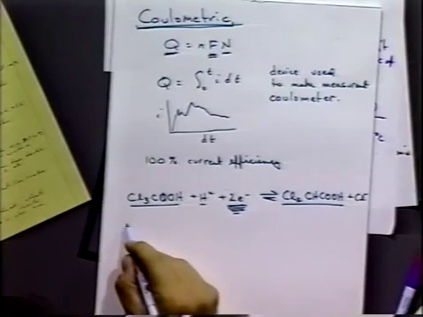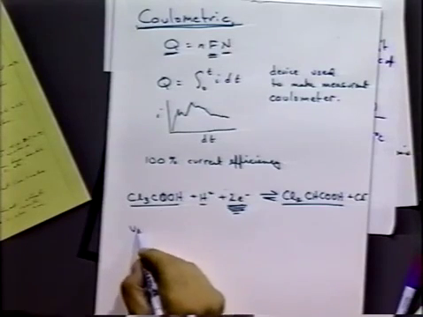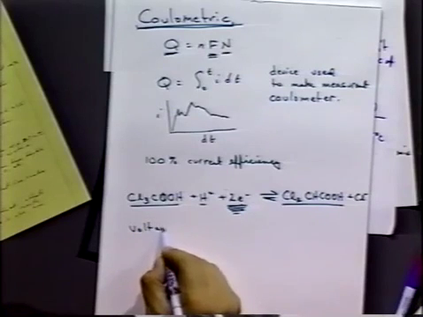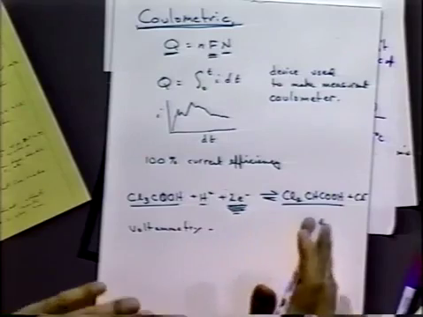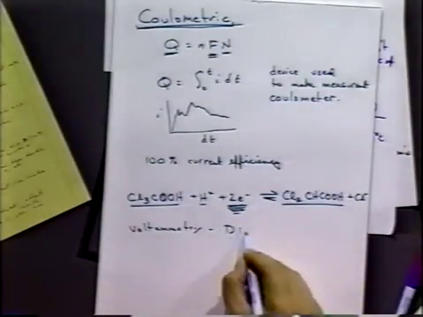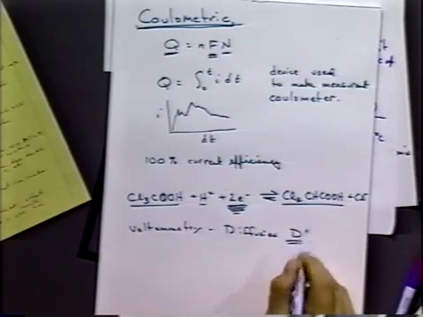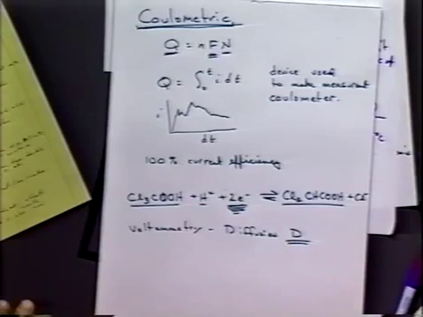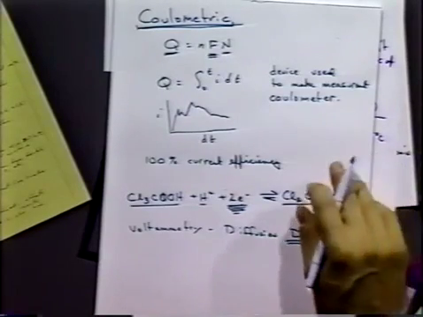Another problem that coulometry addresses is that, unlike voltammetry, if you remember, in voltammetry, particularly for diffusion type processes, we need to know the diffusion coefficient all the time. And the diffusion coefficient is actually something that's not always tabulated in books. It's not always available for a particular system.